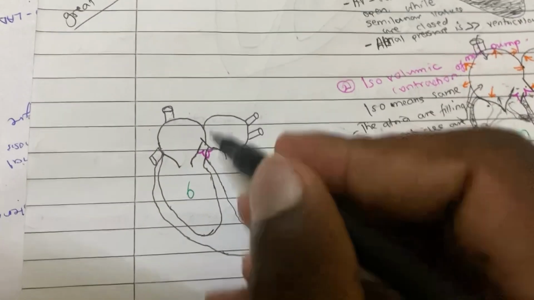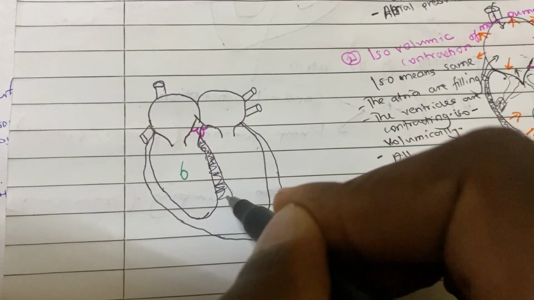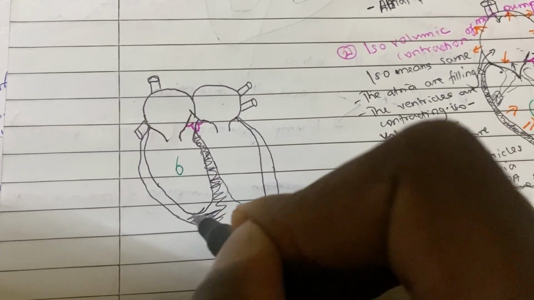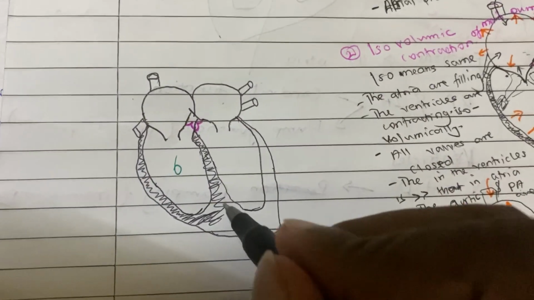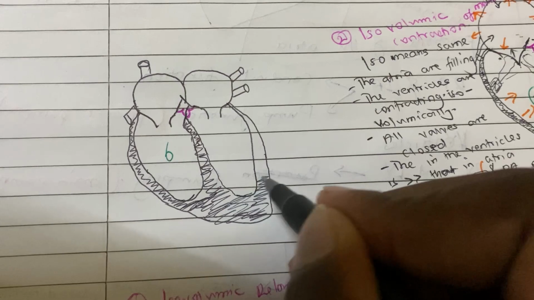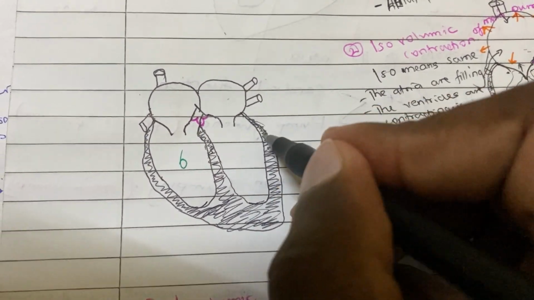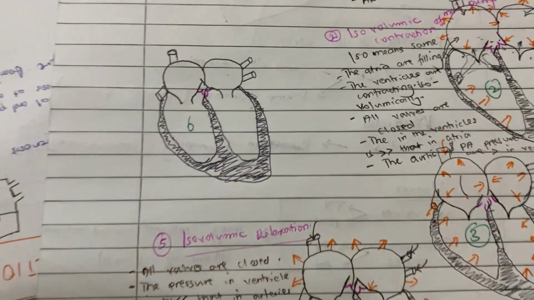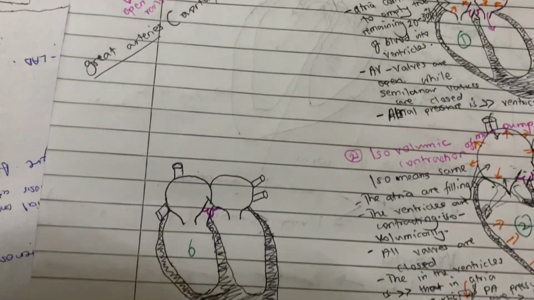So next is phase 5, phase 6. Phase 6 is for rapid feeding. Phase 6 is for rapid feeding.